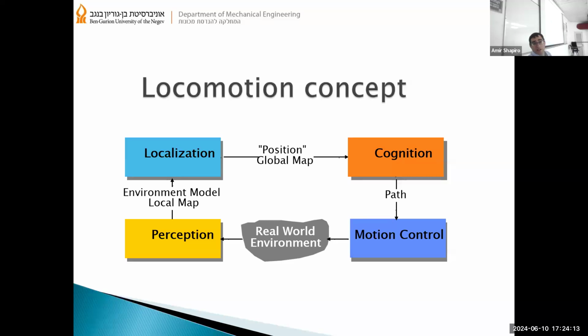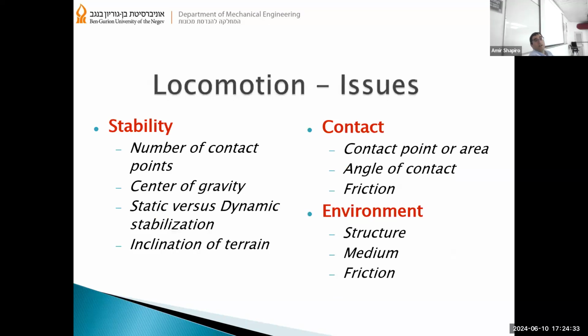In general, locomotion involves localization, then motion planning and control, and then the real robot, and the perception of what there is in the real world. Some issues of locomotion.